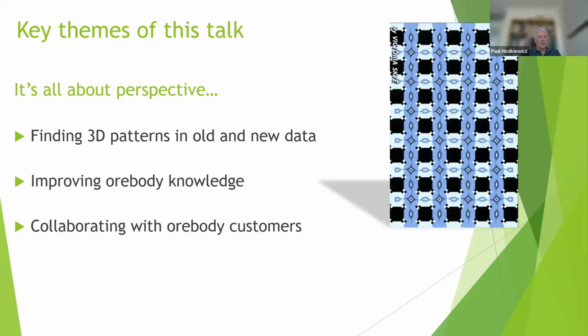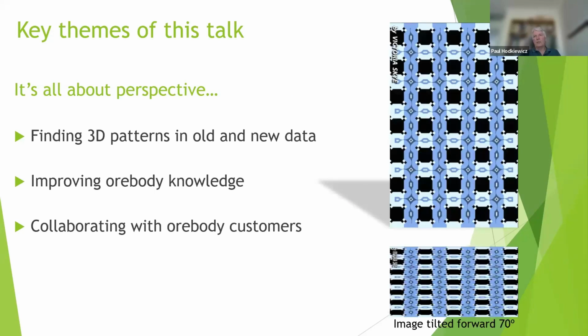And just to give a simple example of perspective, you can find examples of these kinds of optical illusions everywhere. And here's an example where it looks like these blue lines are converging when you look at it just in plan. But then if you tilt that image forward by, say, 70 degrees, you can see that those blue lines are actually parallel.